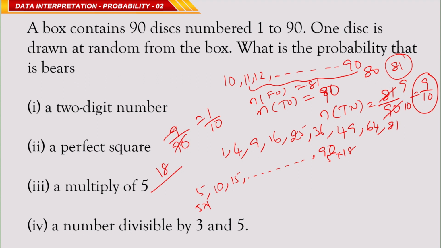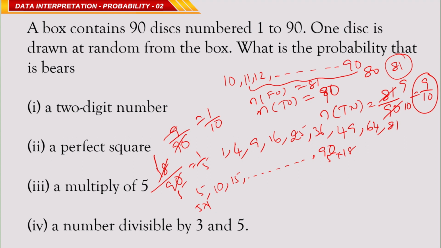The number of favorable outcomes is 18, the total outcomes is 90. So 18 ones, 18 fives, the answer is 1 by 5. So the probability of getting a multiple of 5 when a disc is selected randomly from a box containing 90 discs labeled from 1 to 90 is simply 1 by 5.